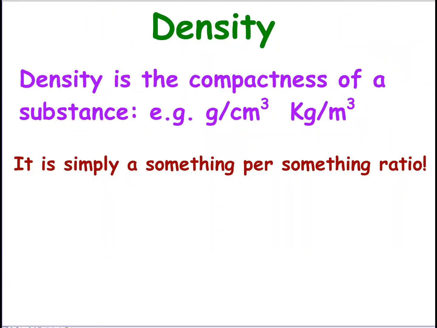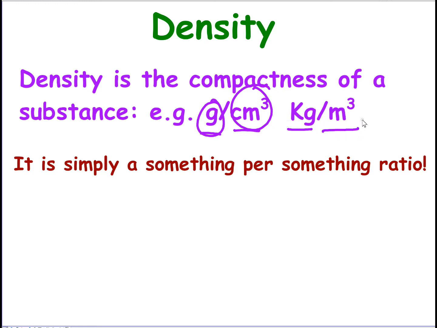A new compound measure they would like you to understand in the new syllabus is density. Density is the compactness of a substance, so it's something to do with weight and the volume of the object. It can be in grams per centimetre cubed or kilograms per metre cubed.